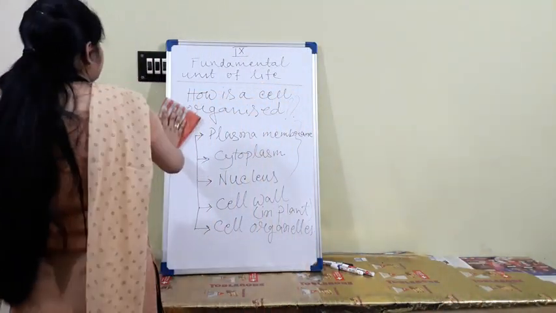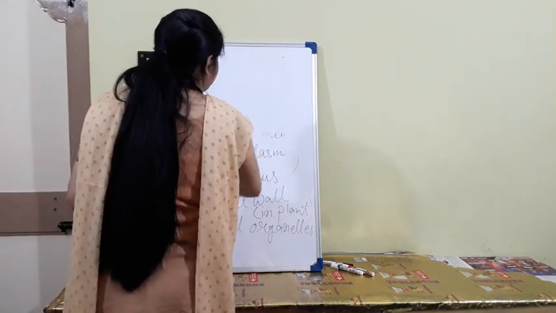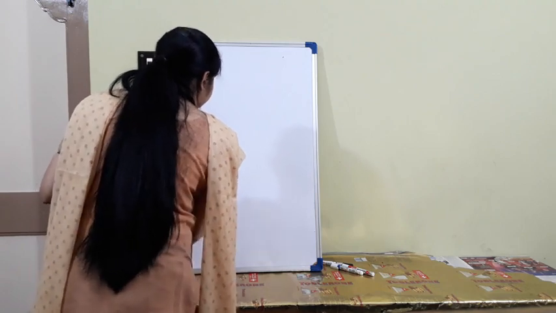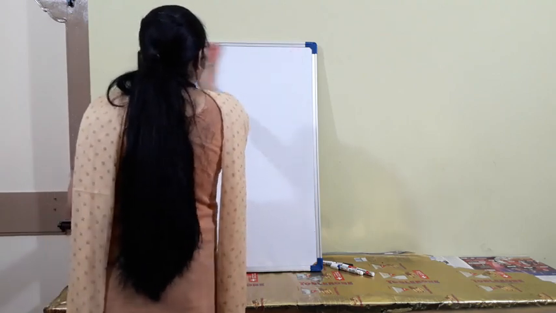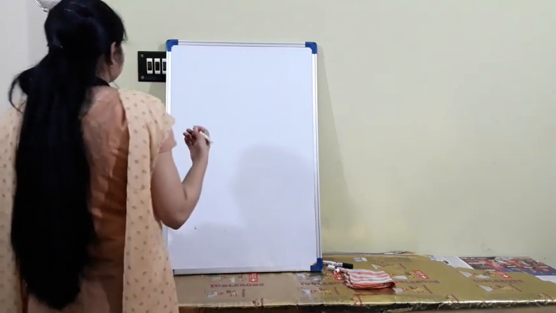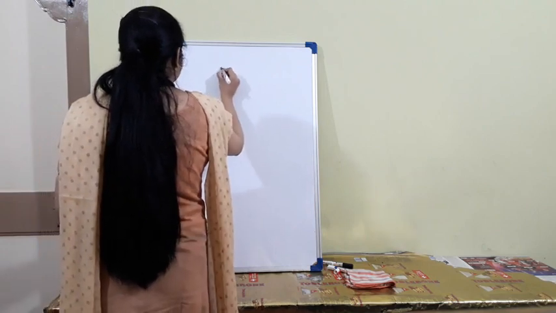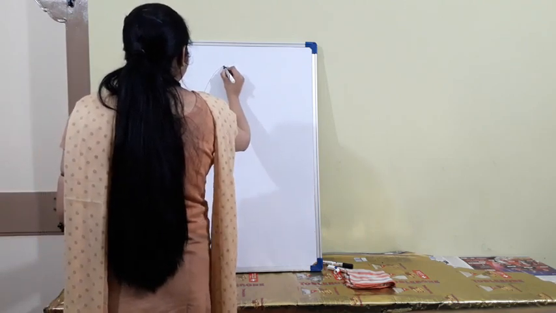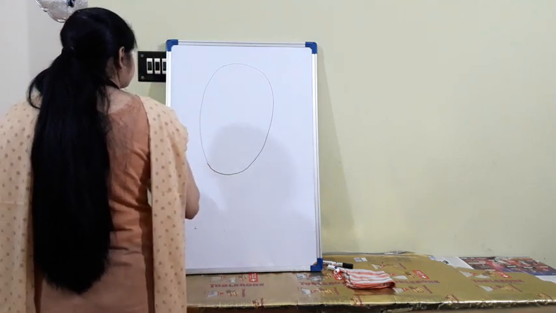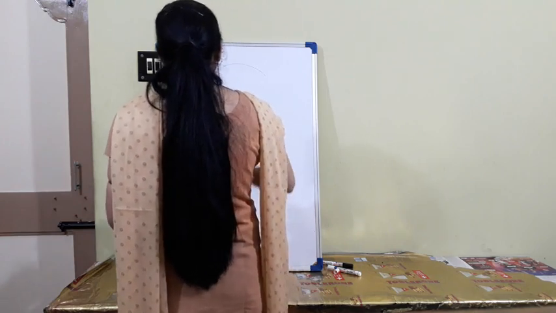So first we learn about the plasma membrane. Before discussing, we just draw the structure of a cell. All of you know how the cell looks. You have already learned this in your previous classes, the structure of a cell almost.